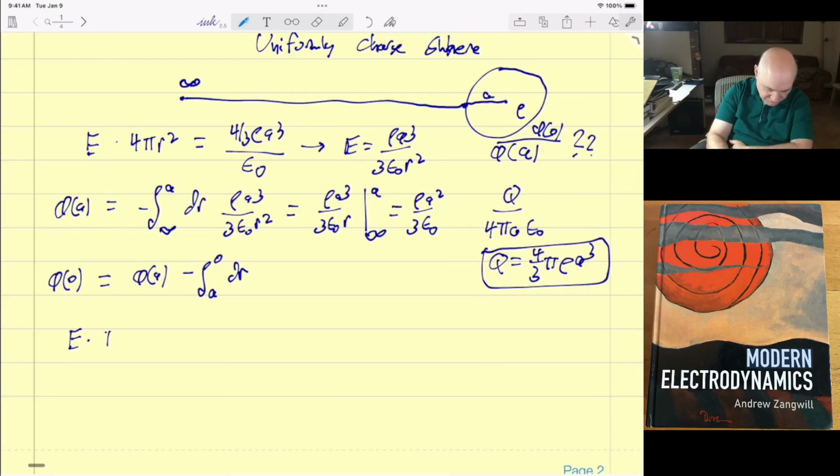It's E times 4 pi r squared, and this is equal to 4/3 pi rho r cubed, the charge inside the sphere, inside the radius r, divided by epsilon 0. That implies that E is equal to rho r over 3 epsilon 0. So I put that here.